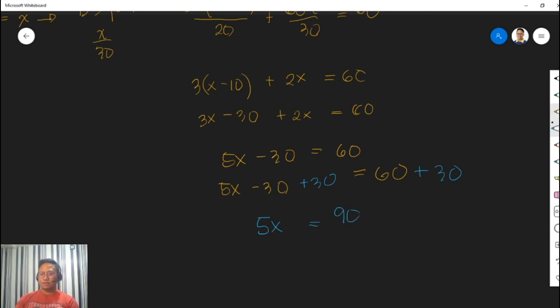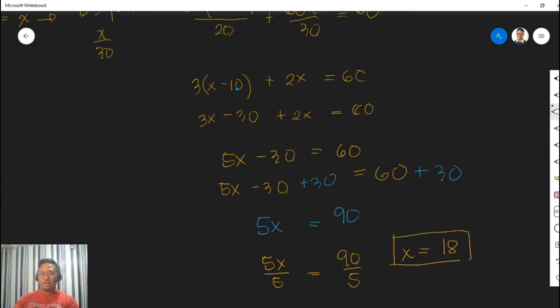To continue solving for x, we divide both sides by 5, 90 over 5. Then our x is 18, if I'm not mistaken. Can you double check? There you go.